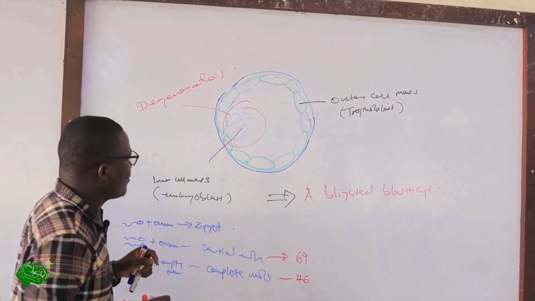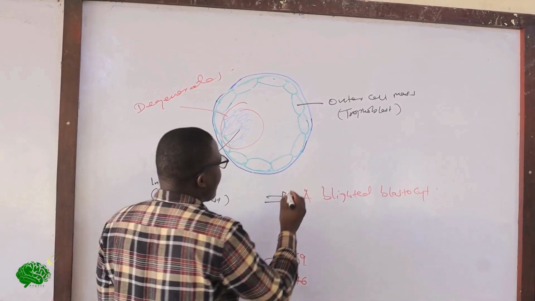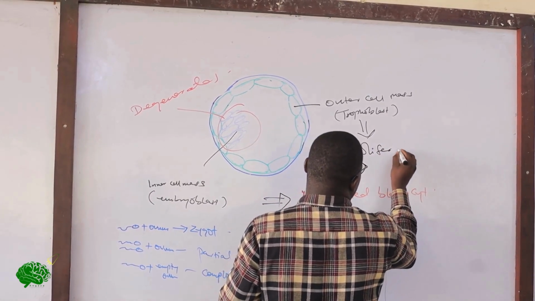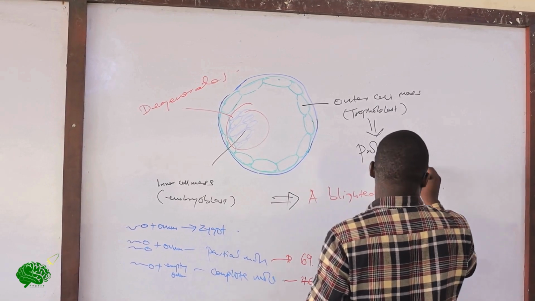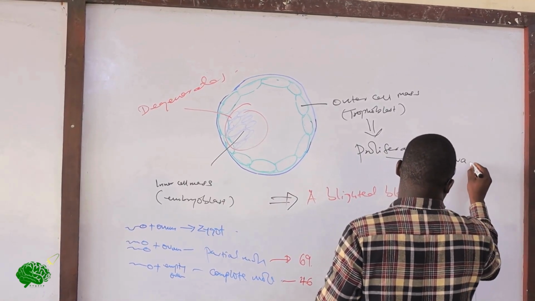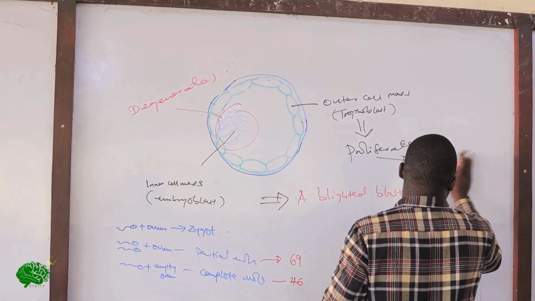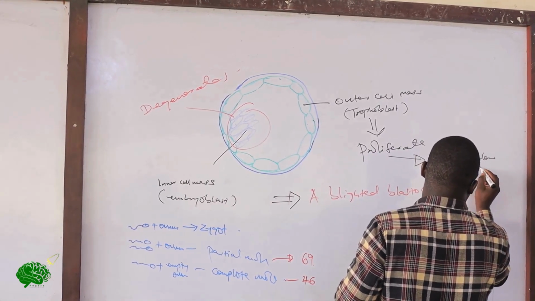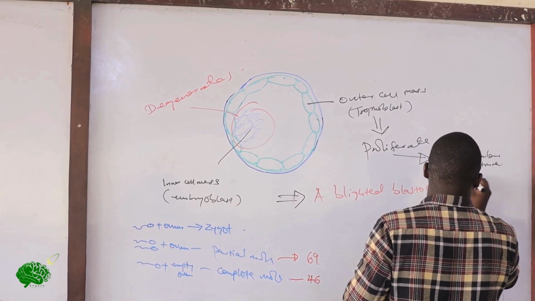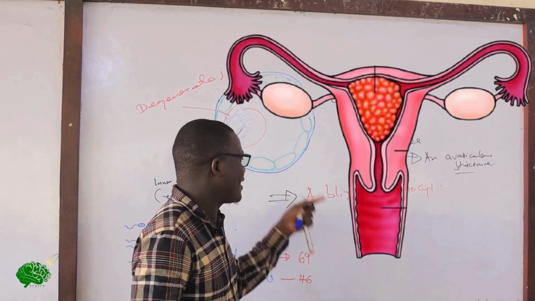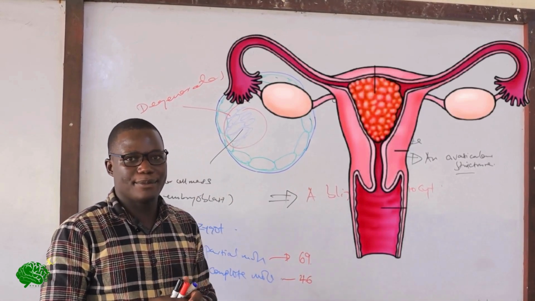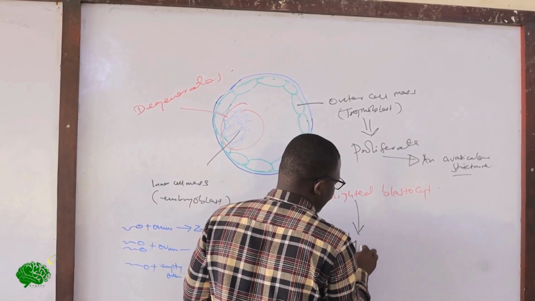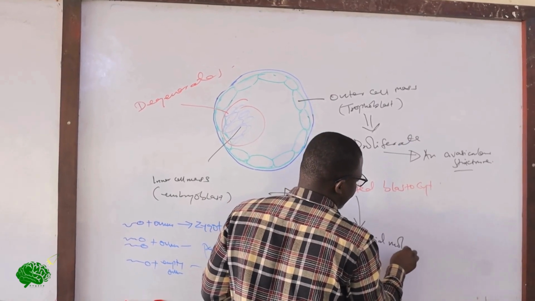After degeneration of the embryoblast, the trophoblast begins to undergo proliferation, and it forms an avascular structure, which is grape-like, and that is what we term as molar pregnancy, or a hydatid mole. You can see hydatid mole.